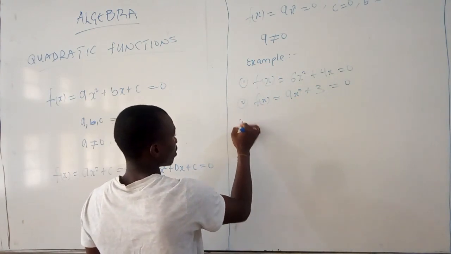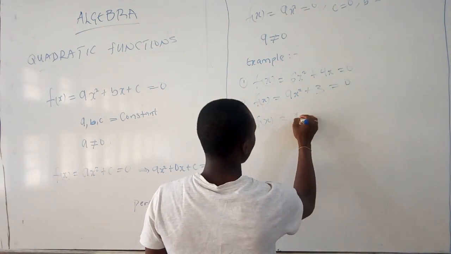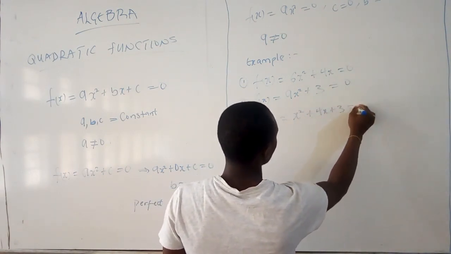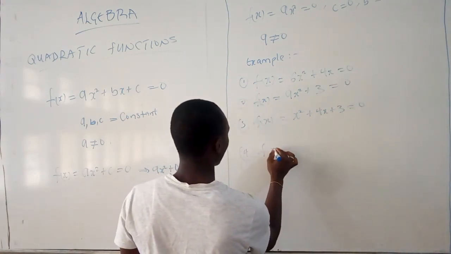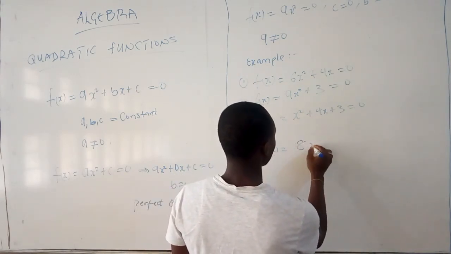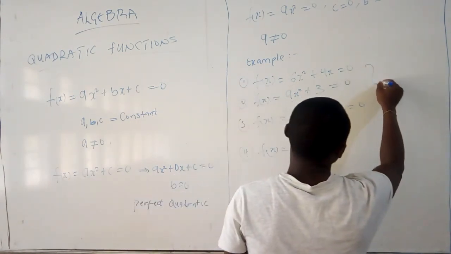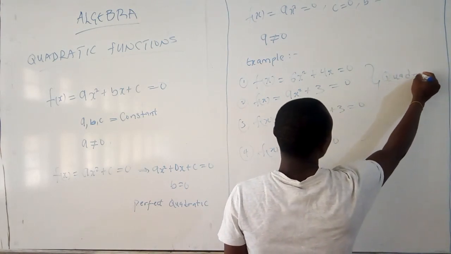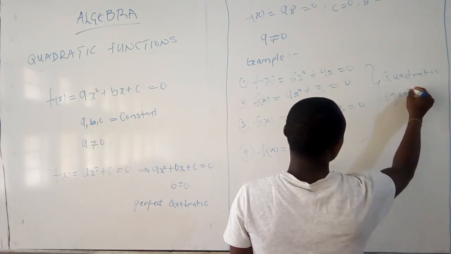Also, we have f of x equal to x squared plus 4x plus 3 equal to 0. And finally, we have this form: f of x equal to 8x squared equal to 0. So all these are what we call quadratic equations.